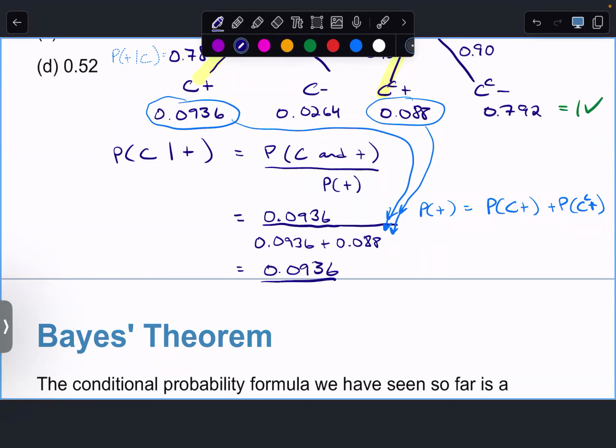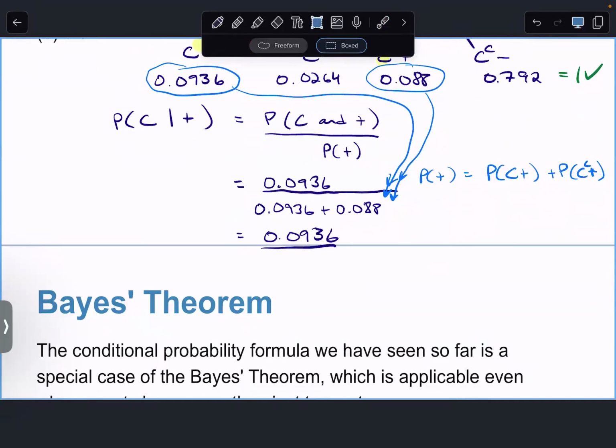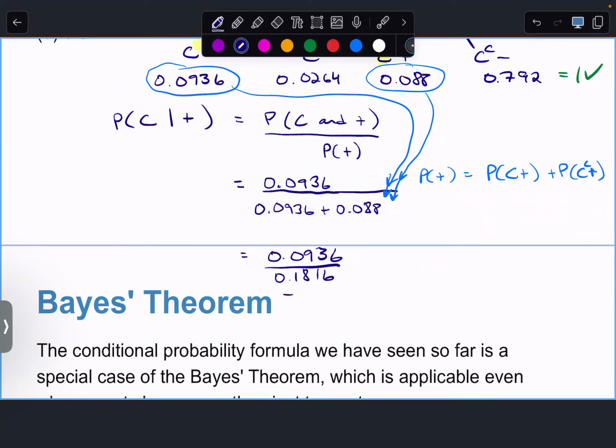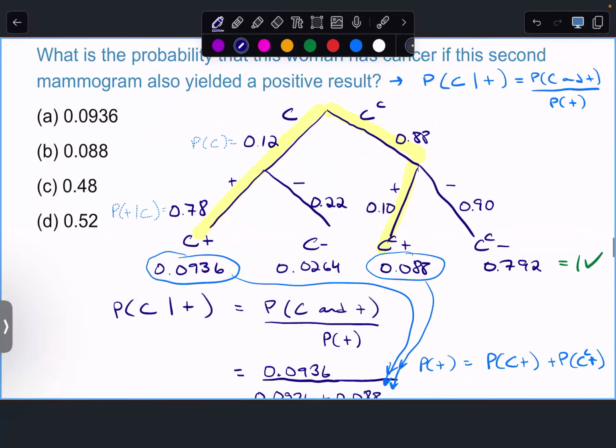0.0936. It's gonna span a page here. That is not fun. How about this? Divided by 0.1816, which is 0.5154185022. Or roughly, what were the options? 0.52.